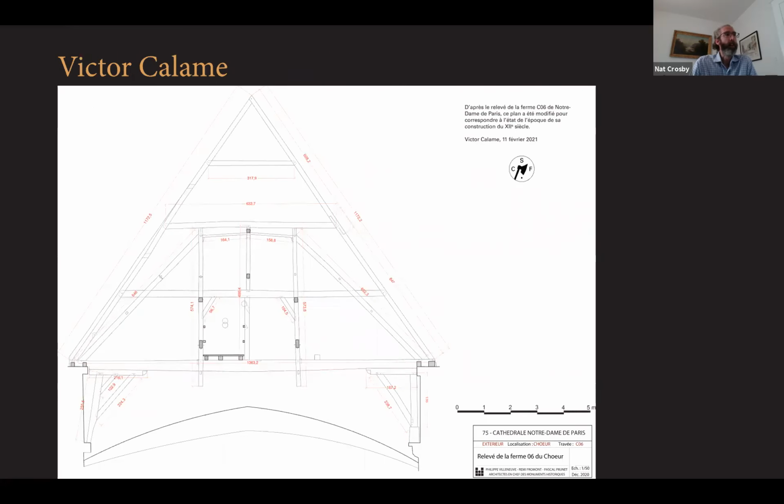And what we do have is further documentation of the overall dimensions by Victor Calame that gives us our overalls. How long are these members? What is the overall geometry? But even this documentation relies back on the Rémy drawings for the cross-sectional information. So both of these drawings work hand in hand.